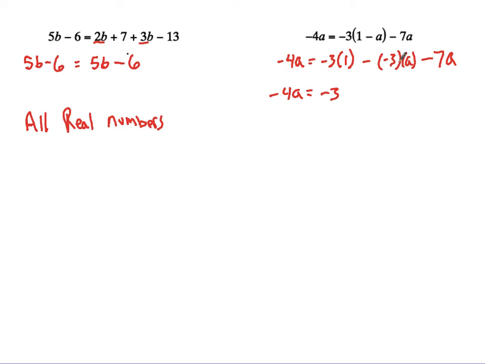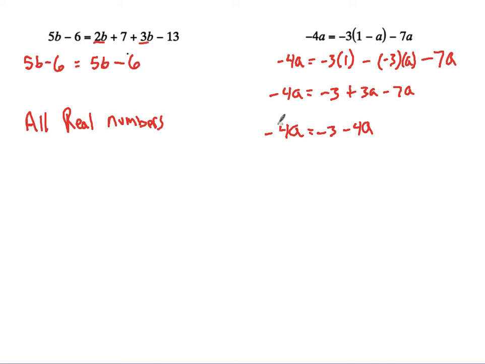And then 2 minus signs next to each other would be a plus 3a minus 7a. So that would be negative 3 there first. And then a positive 3a minus 7a would be minus 4a.